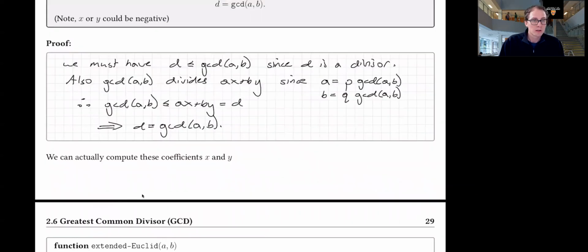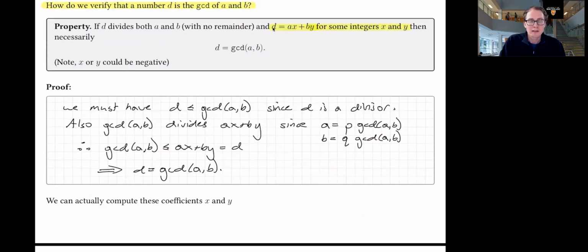Okay. So if we could write D in this form, if we could write the greatest common divisor in this form, AX plus BY, where A and B are the numbers that we're finding the greatest common divisor of, then that's a kind of proof that that is indeed the greatest common divisor.